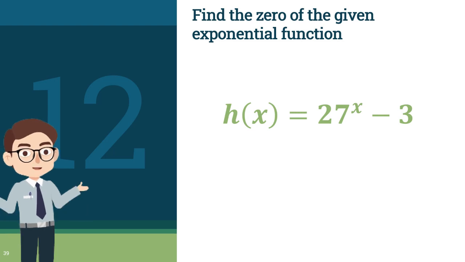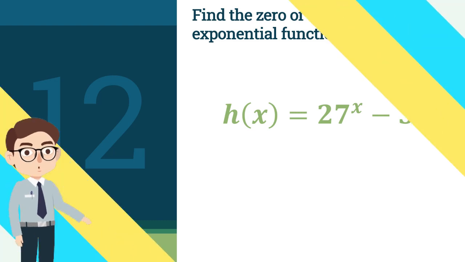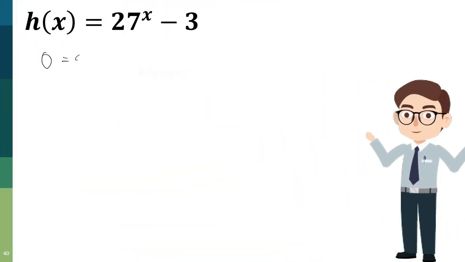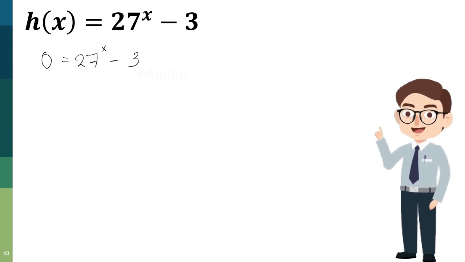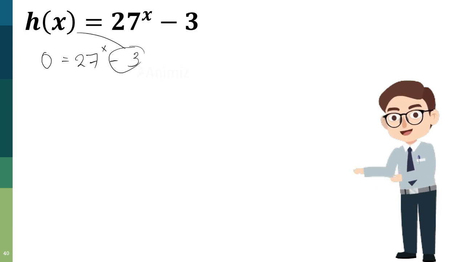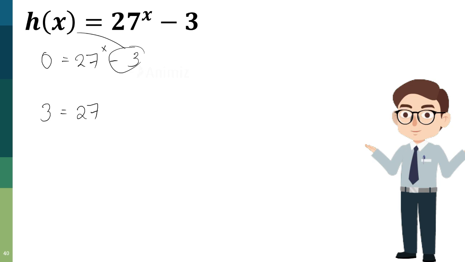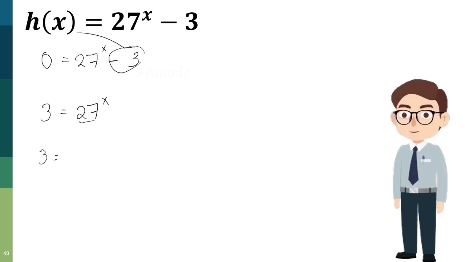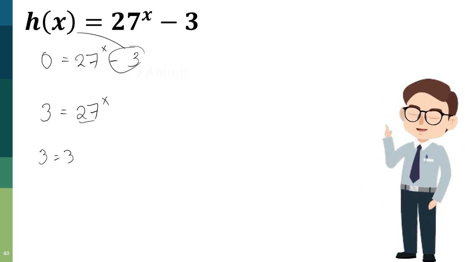That is our final answer. Another, find the zero of the given exponential function h of x is equal to 27 raised to x minus 3. Again, we will equate that to 0. That is, 0 is equal to 27 raised to x minus 3. We will transfer negative 3 to the other side of the equation. That is 3 is equal to 27 raised to x. We will make 27 equal to base 3, and 27 is 3 times 3 is 9, times 3 is 27.